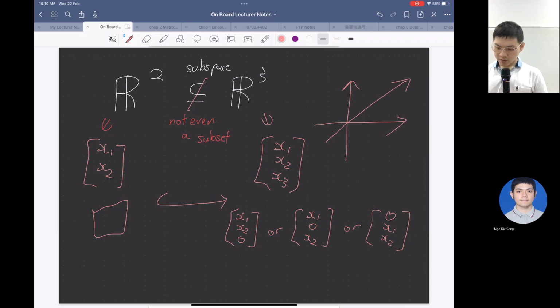So let's say E1, E2, E3. One of them is sitting as the E1, E2 plane. The other is the E1, E3 plane. The other is the E2, E3 plane.